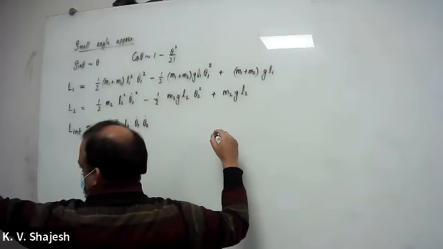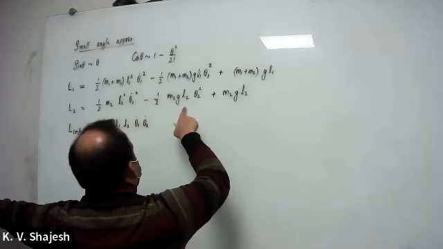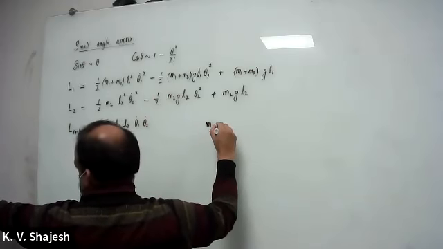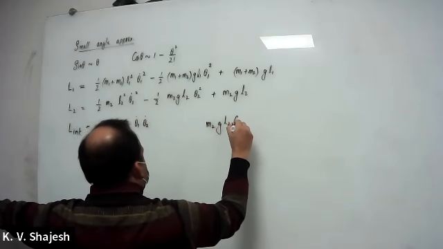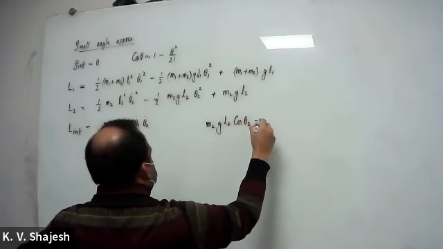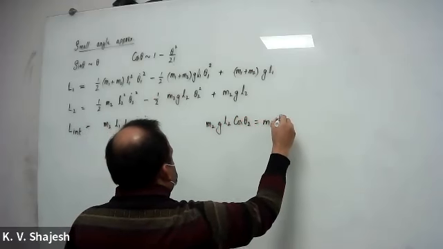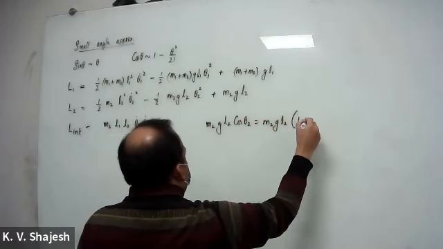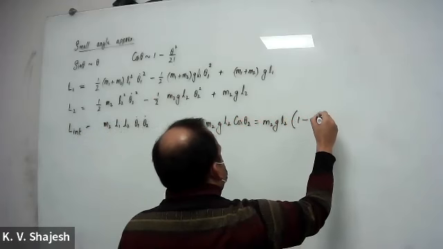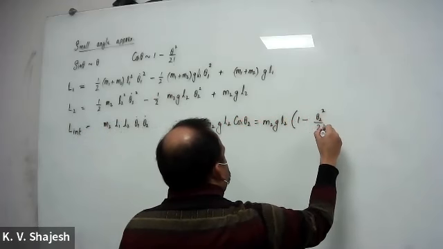Okay, I think I'm confused. So let's take this, right? M2 G L2 cosine theta 2 is equal to M2 G L2 times 1 minus theta 2 square over 2 factorial.